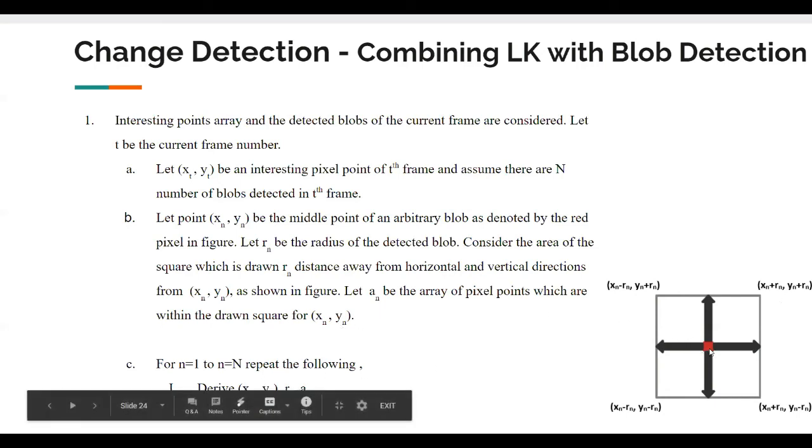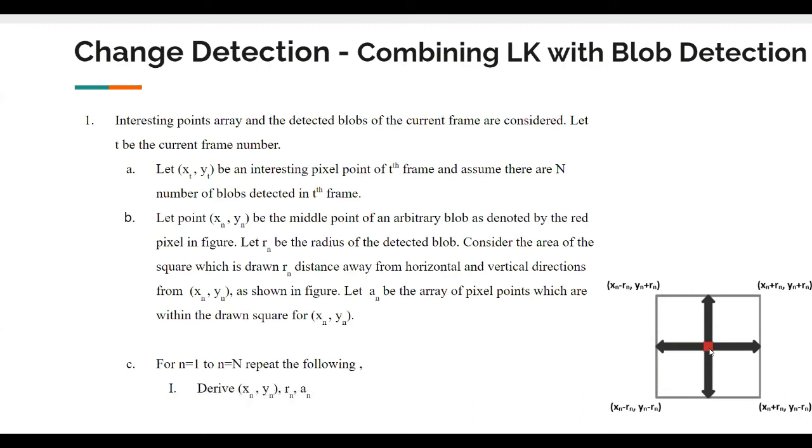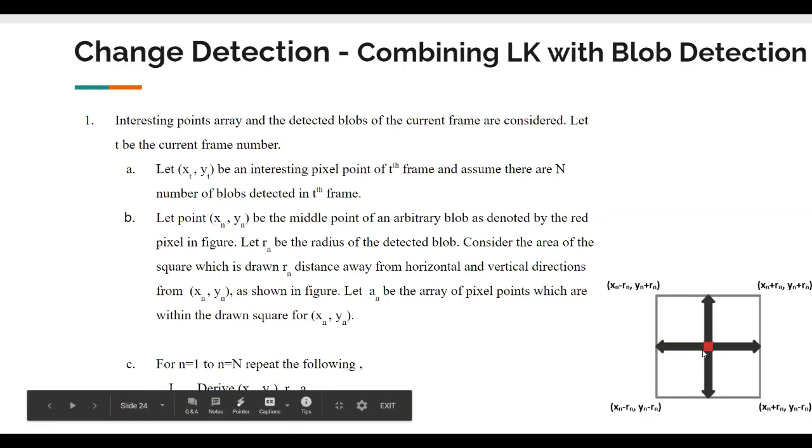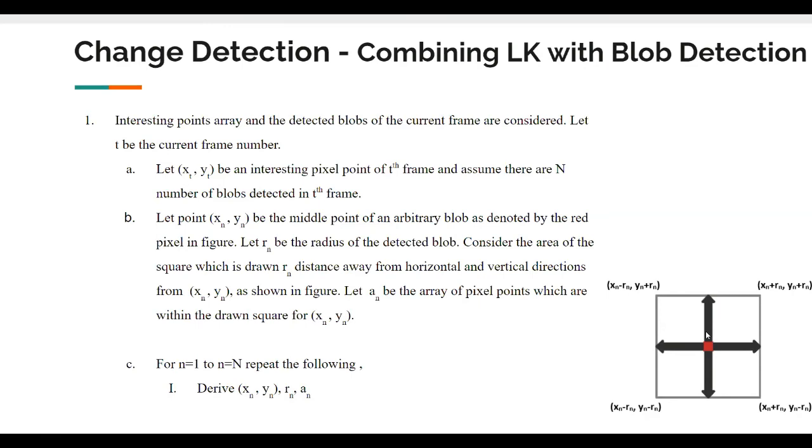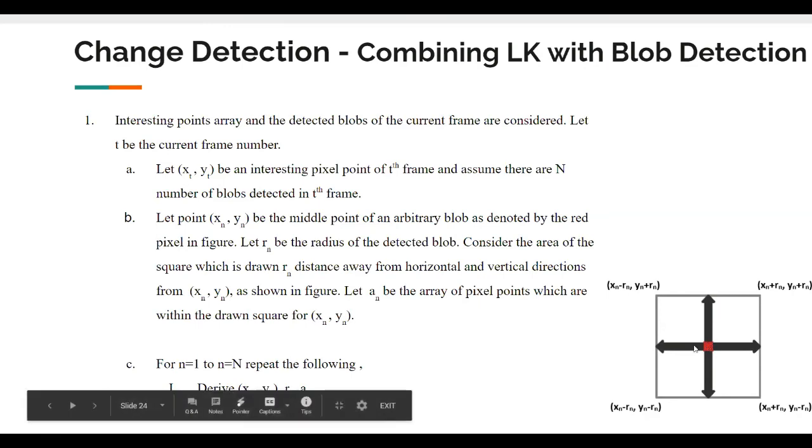This red pixel is the middle point of an arbitrary blob, and Rn is the radius of the blob. We define a square that is Rn distance away from the red pixel both vertically and horizontally.